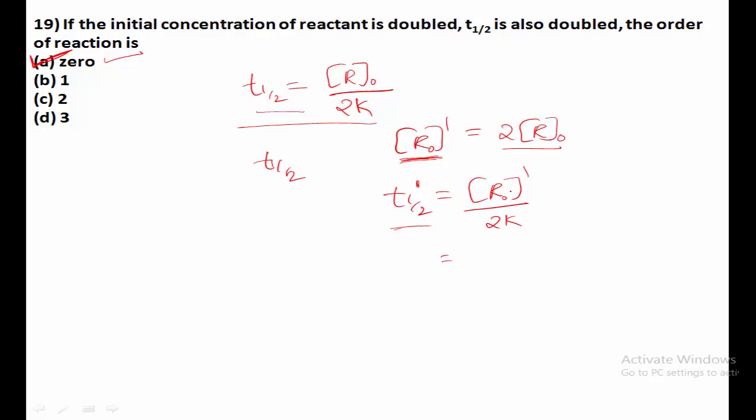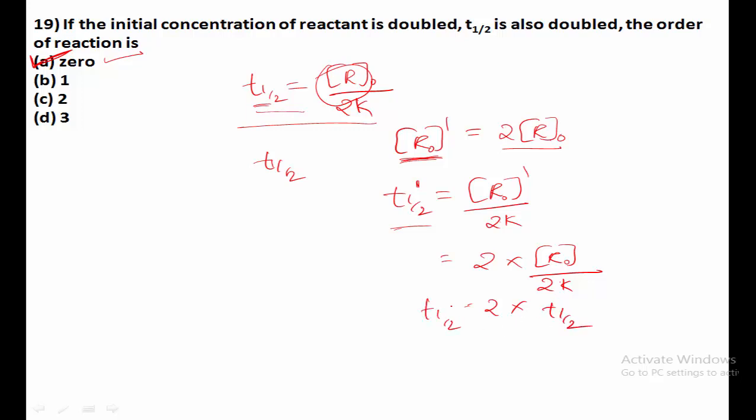Then substitute the value of R naught dash. What is R naught dash? 2 into R naught, divided by 2K. So 2 into R naught divided by 2K. R naught divided by 2K is T half. Substitute that.